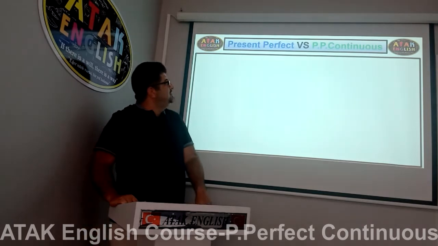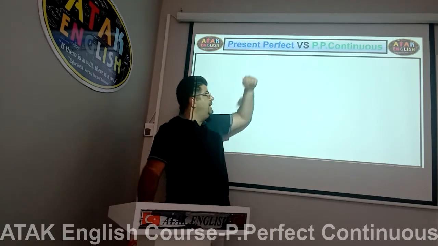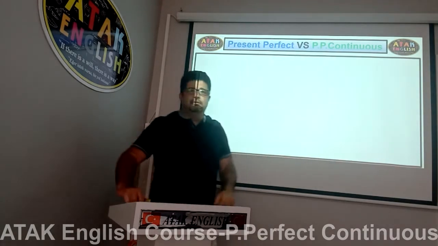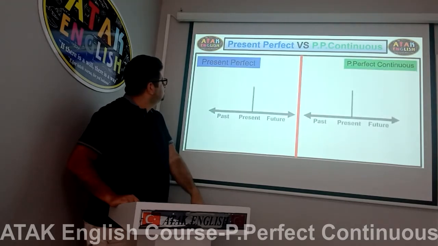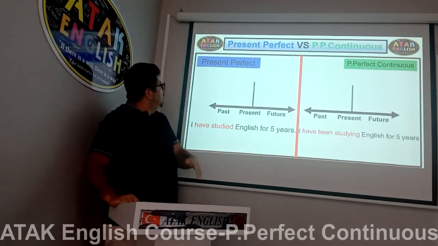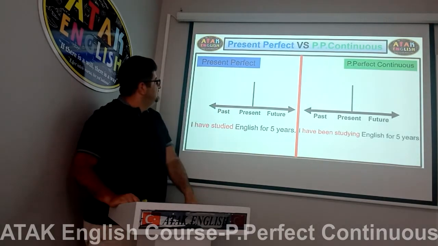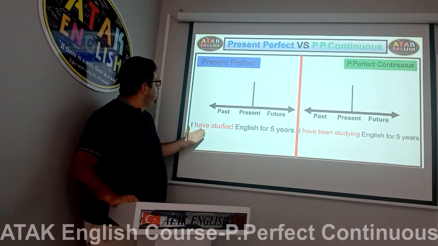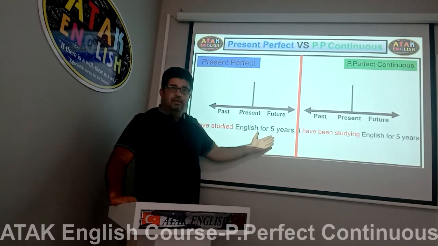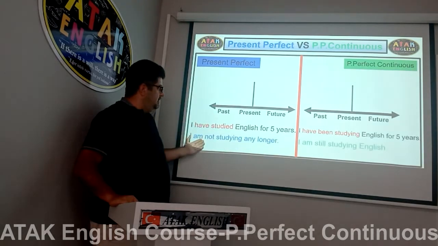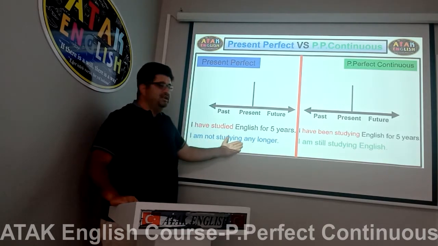Let's try to focus on the difference between present perfect and present perfect continuous tense. Here we have two tenses. For present perfect, we use: I have studied English for 5 years. Here, in present perfect, I'm not studying any longer.